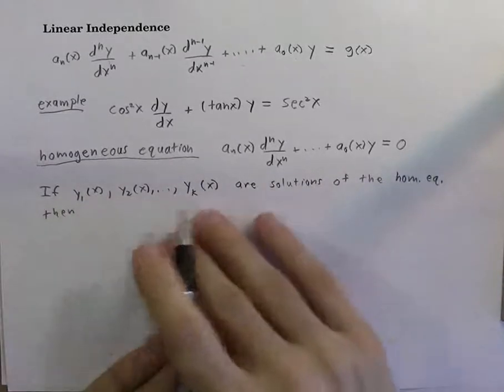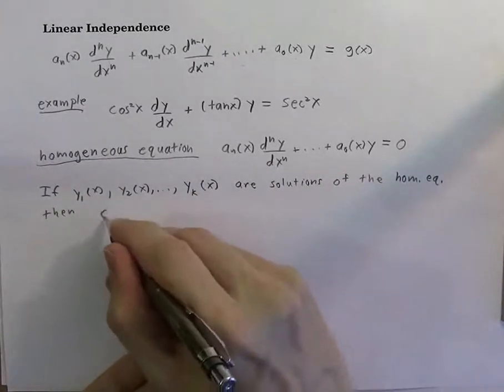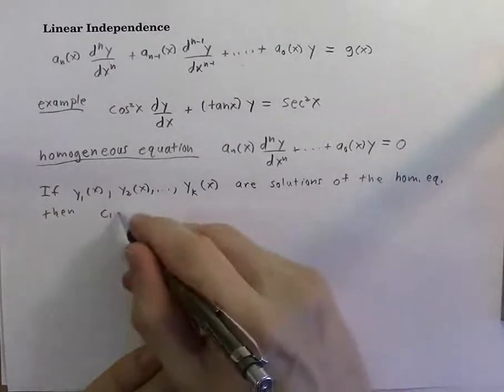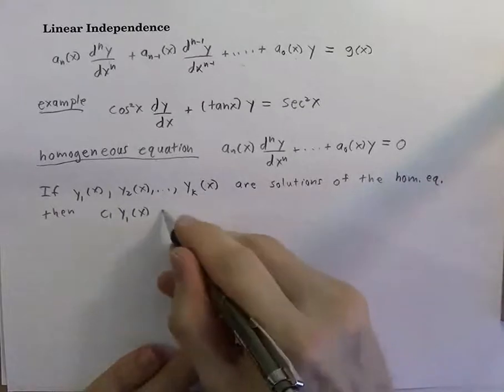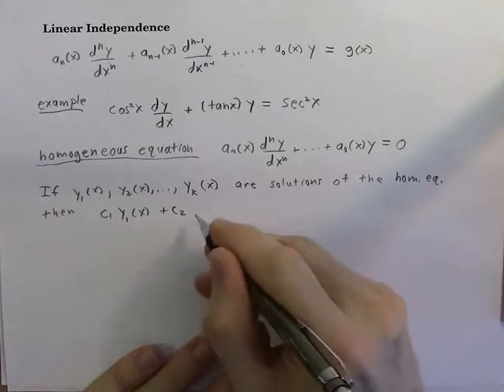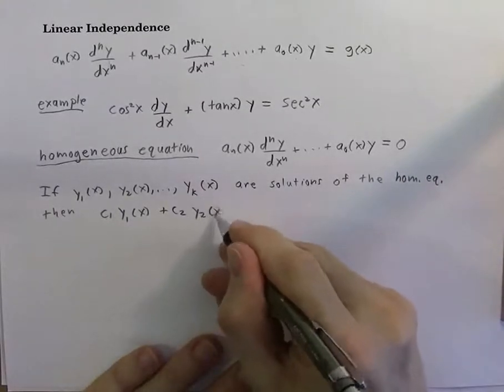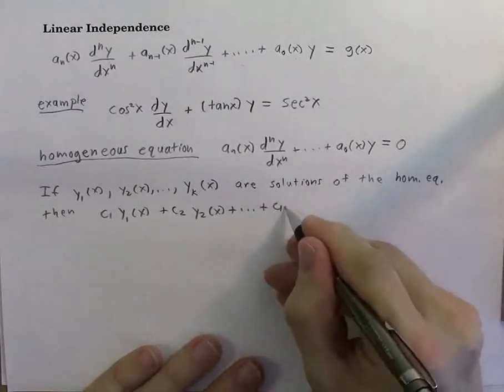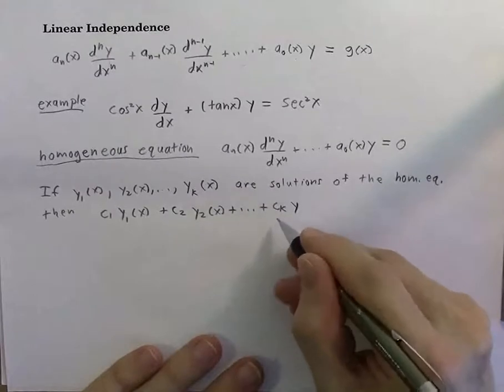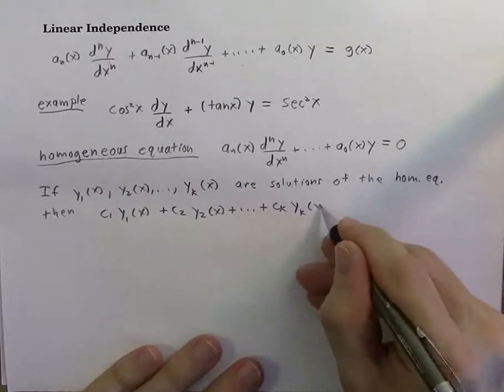we can combine these functions together. So I'm going to use a constant c1 multiplied by the solution y1 of x plus another constant c2 multiplied by the solution y2 of x, and so on. We'll go all the way to c sub k, another constant times y sub k of x.